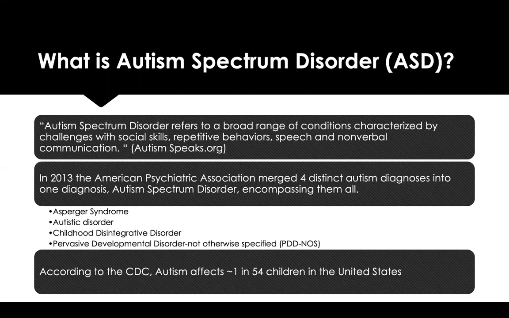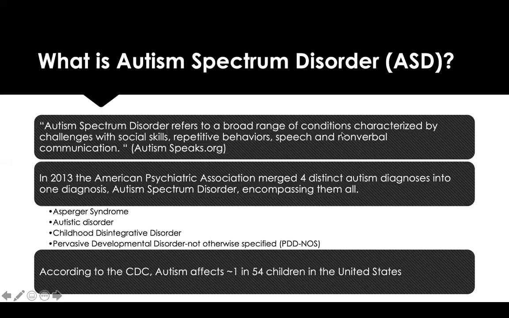In 2013, the American Psychiatric Association merged 4 distinct autism diagnoses into one diagnosis, now known as autism spectrum disorder. So now it encompasses them all. The 4 diagnoses are Asperger's syndrome, autistic disorder, childhood disintegrative disorder, and pervasive developmental disorder, not otherwise specified.